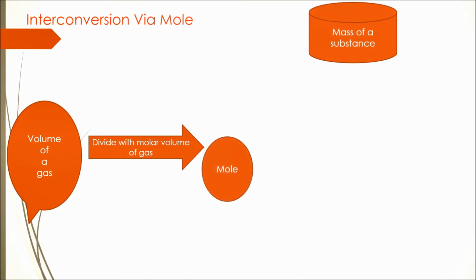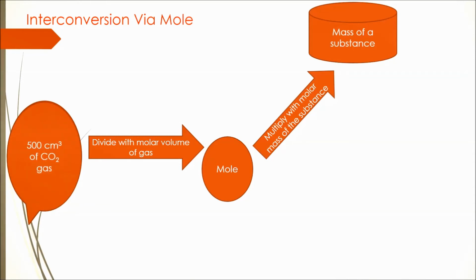In this case you have two steps. In the first step you will convert this volume into mole, and this is by dividing. Mole gets smaller, and then mole is converted into mass of the substance. In the second step, when you convert this mole into mass, you will multiply this mole with molar mass. Let's see an example: 500 cm cube of carbon dioxide, what mass would it have?